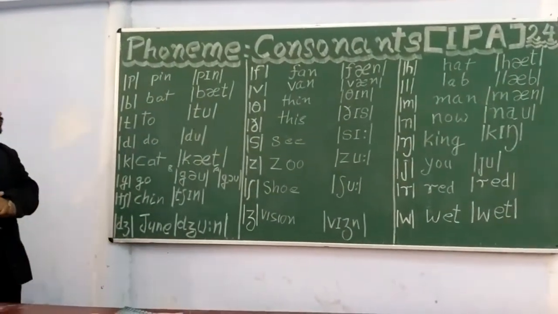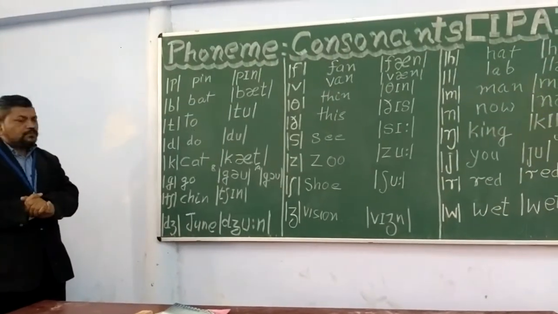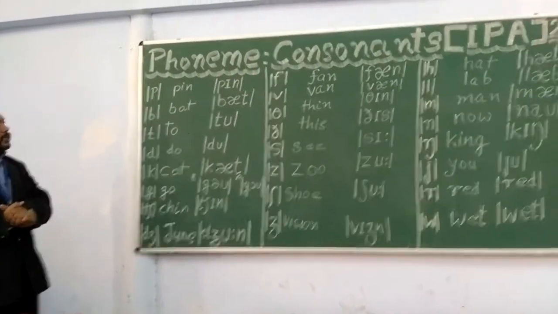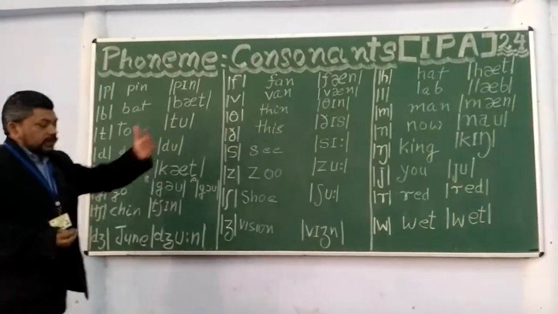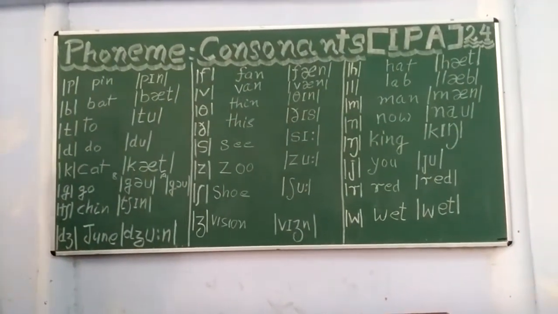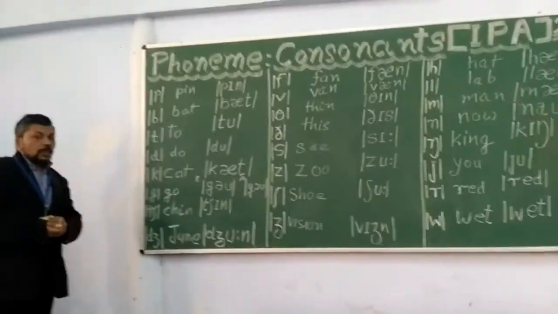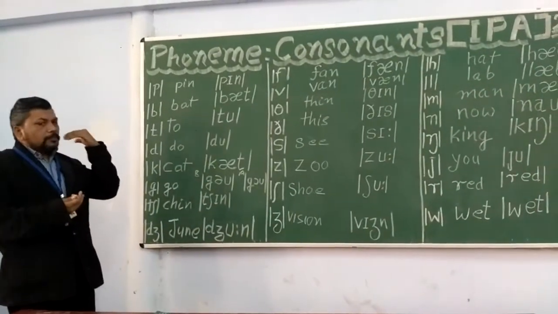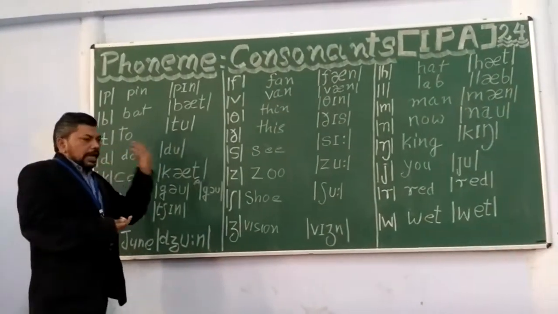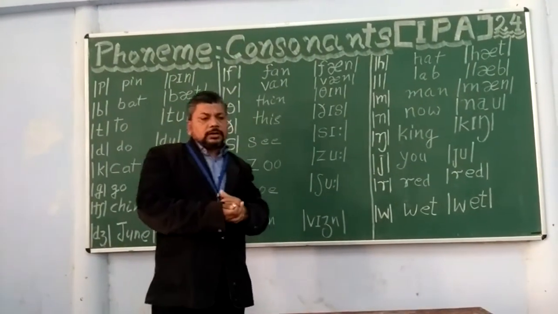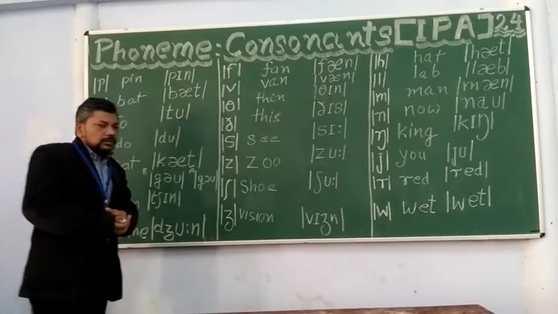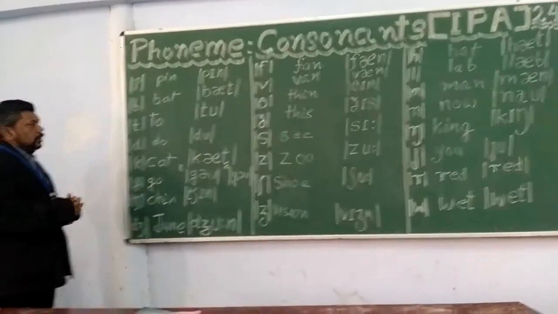Let us move to the consonant sounds. Here is a list of all 24 consonants. Some of them are bilabial, some labiodental, some glottal, some lateral, all consonants.